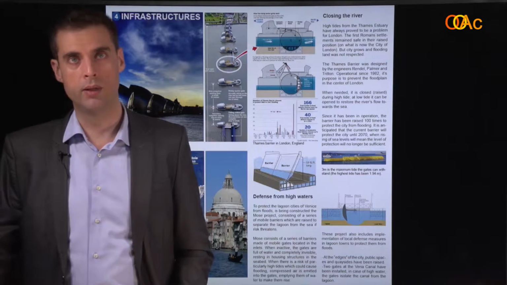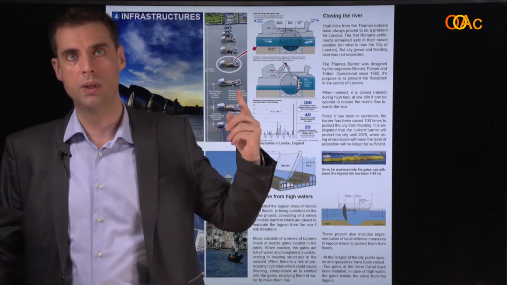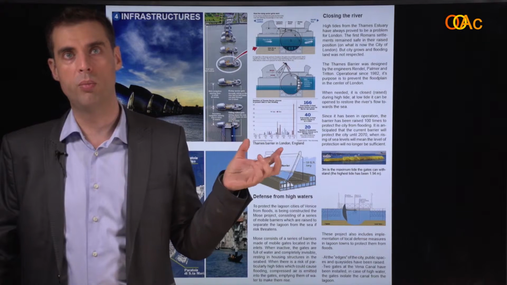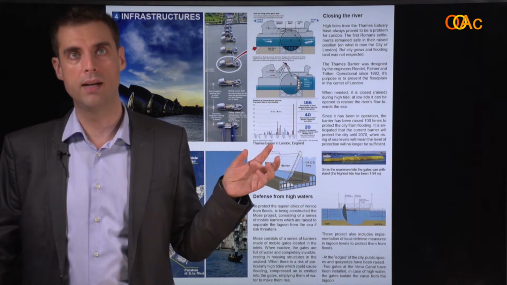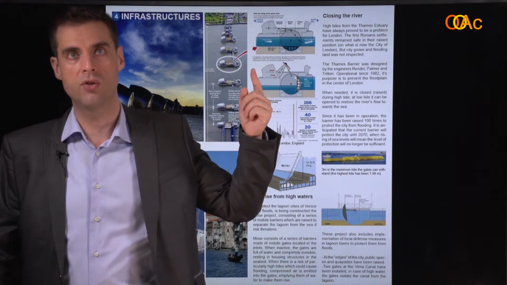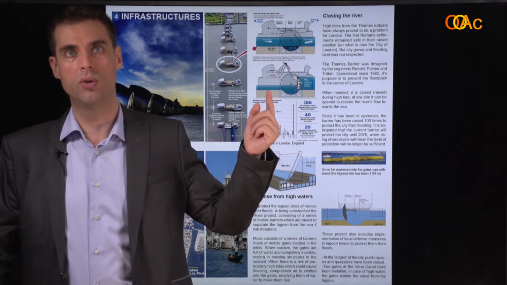London, the Thames River, it has also been damaging the city in the past. So what they came up with is this system of movable parts that can open and close when there is a high tide. So essentially you see the section here, and you see how these barriers in fact rotate.